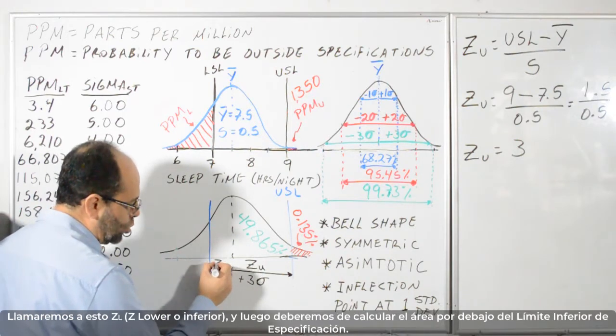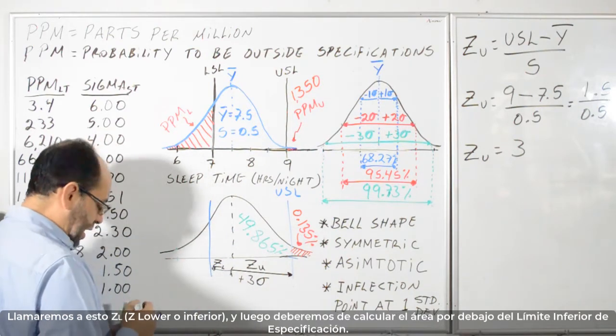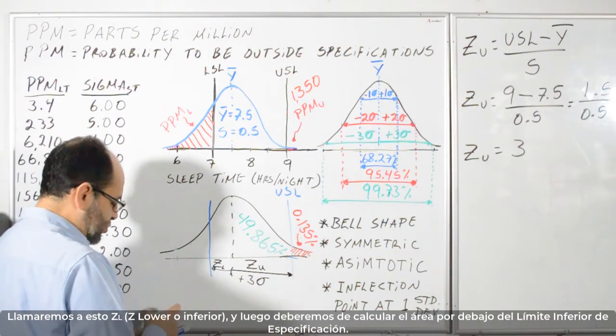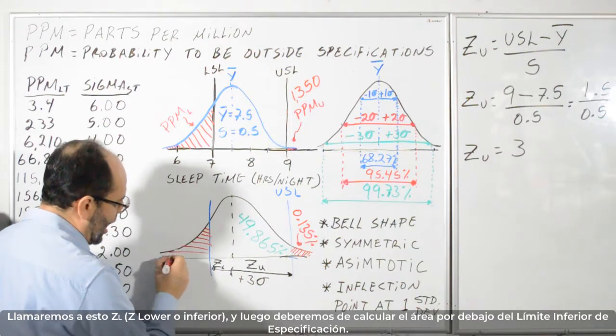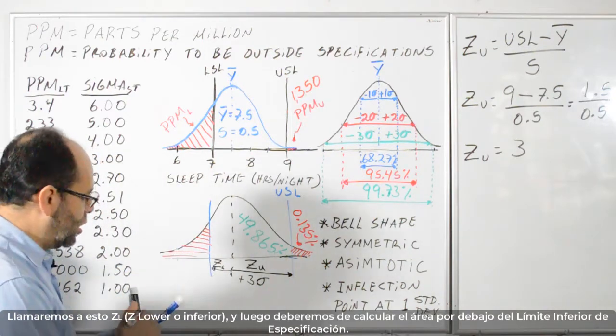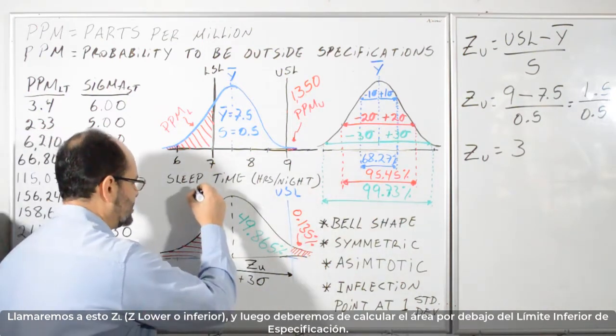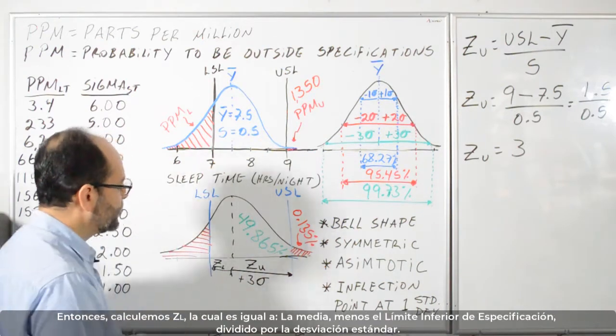We will call that Z lower. And then we will have to calculate the area outside, below the lower specification limit.